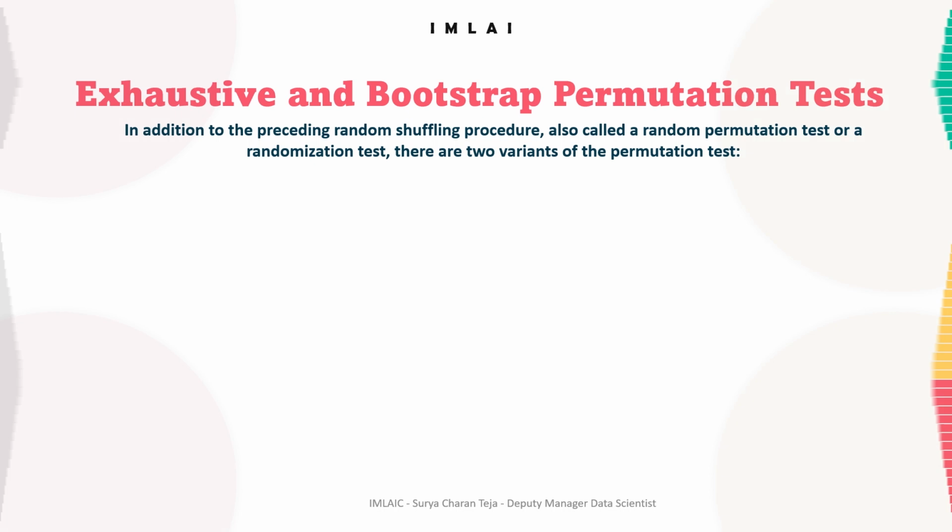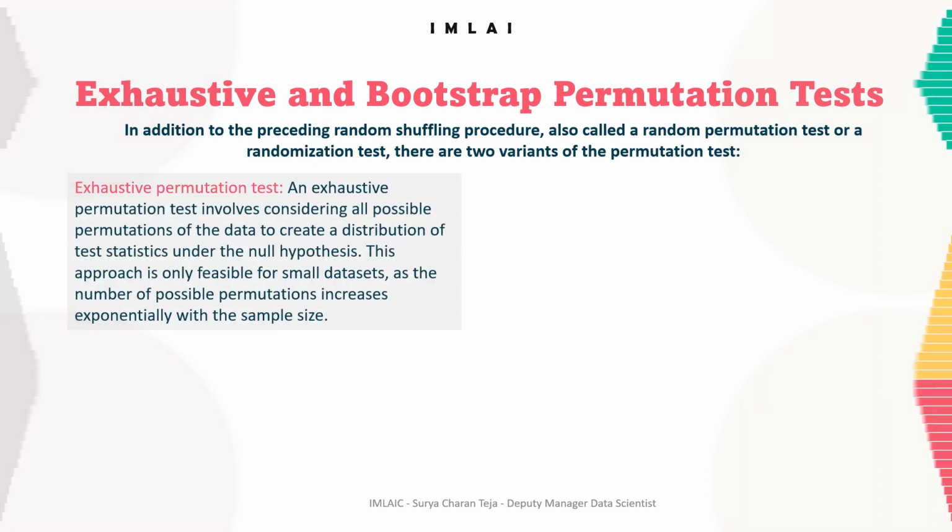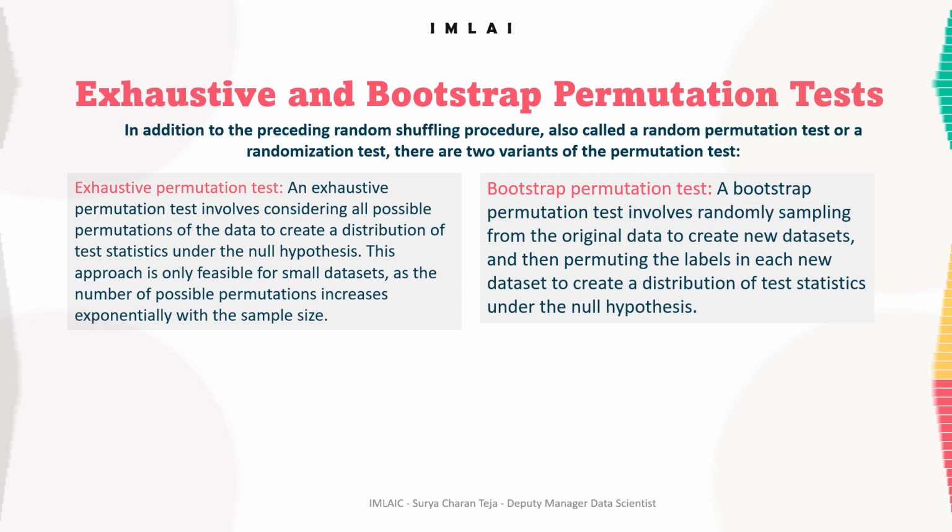There are two variants of the permutation test: one is the exhaustive permutation test and the second one is the bootstrap permutation test.